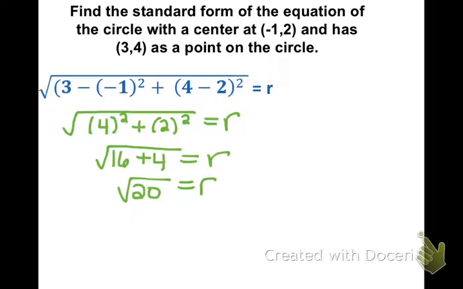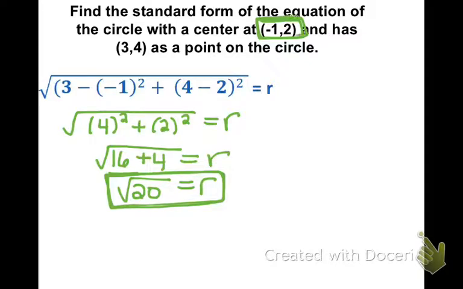Okay, so all I did was simplify underneath the radical to find out that our radius is going to be equal to the square root of 20. So now we have our radius, and we have our center. And that's what we need to be able to write a standard equation of the circle. So see if you can do that.